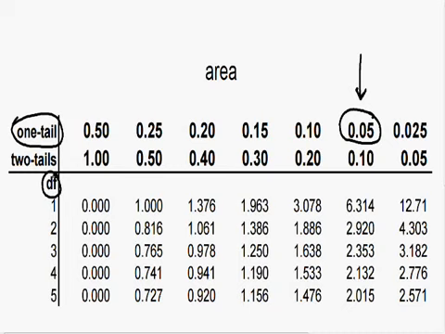The degrees of freedom is always one less than the sample size. We have a sample size of 5, so we know that our degrees of freedom is going to be 4. So we're going to the row with degrees of freedom 4. And if we look where they intersect, degrees of freedom 4 and area of 0.05, they intersect at the t-value of 2.132. So we have a critical value of 2.132.